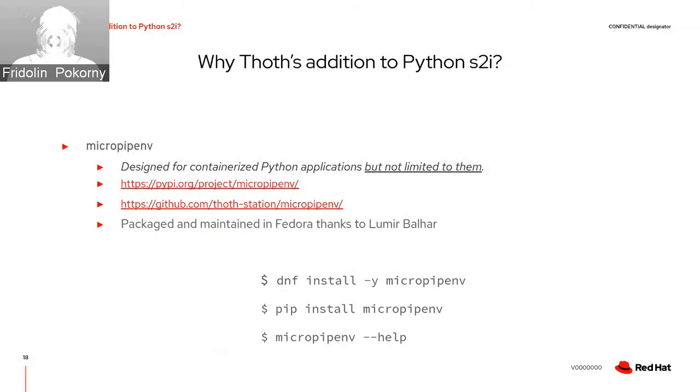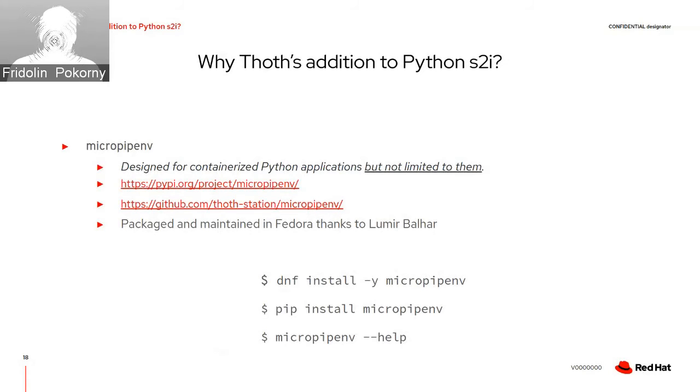As you've already seen, micropipenv was designed for containerized Python applications, but it's not limited to them. If you have a use case where micropipenv can be useful, feel free to use it. The project is available on PyPI under the micropipenv name. You can also find it in the ThothStation organization. The repository is called micropipenv.